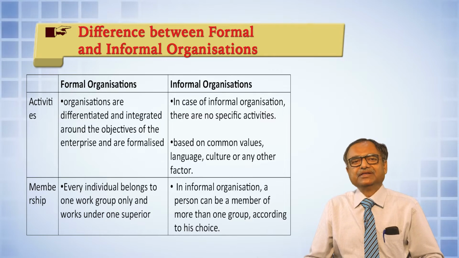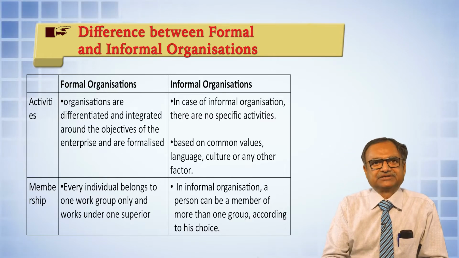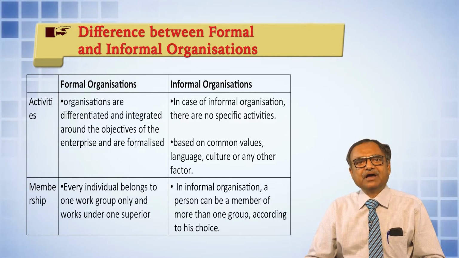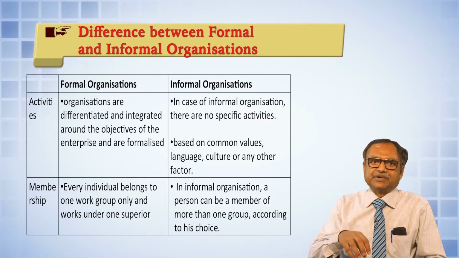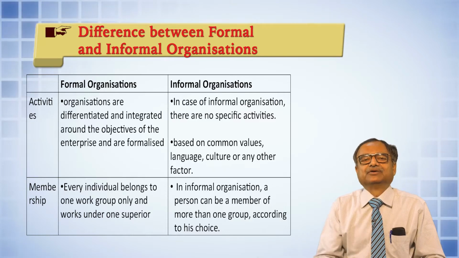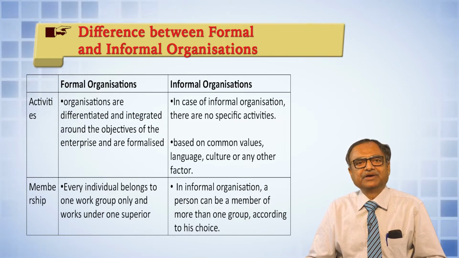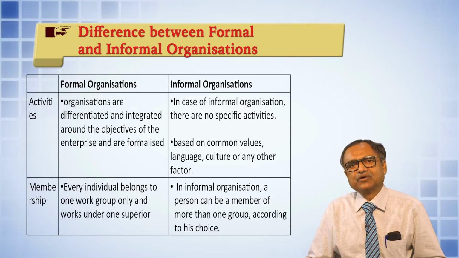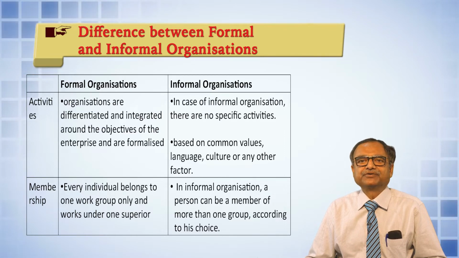That means there are well-defined objectives for the existence of formal organizations, and the people are grouped together or the departments are created so that those well-defined objectives may be achieved, may be fulfilled. As far as informal organizations are concerned, there are no specific activities.